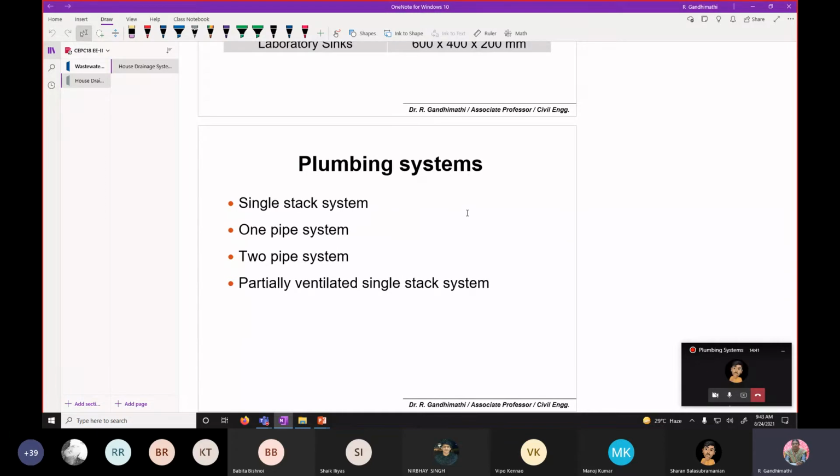Therefore, we should know the purpose of each pipe. Based on the provision of soil pipe and vent pipe, it may be classified as single stack system, one pipe system, two pipe system, and partially ventilated single stack system.